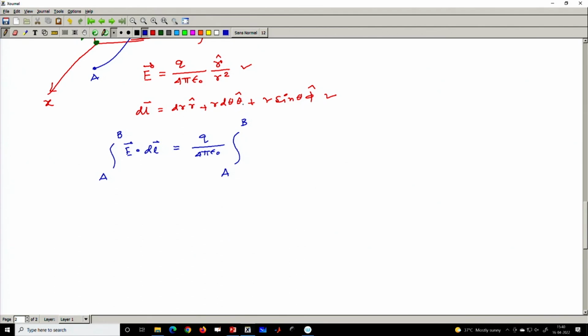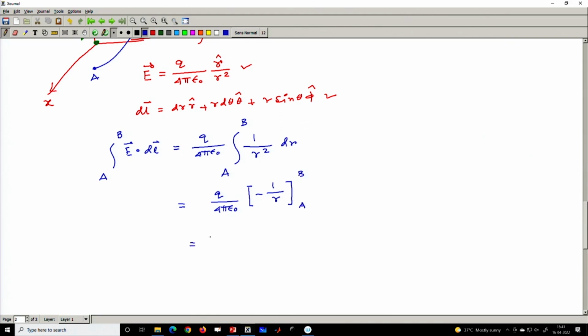So r dot theta and r dot phi will not contribute. The thing we will have inside the integral is simply 1 by r square and dr, and that is simply q by 4 pi epsilon 0 times minus 1 by r from point A to point B.